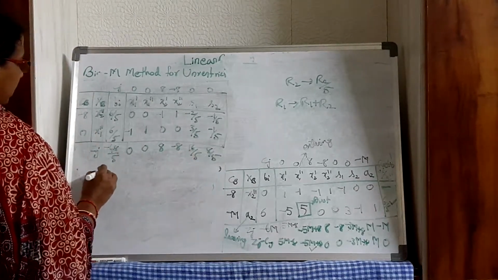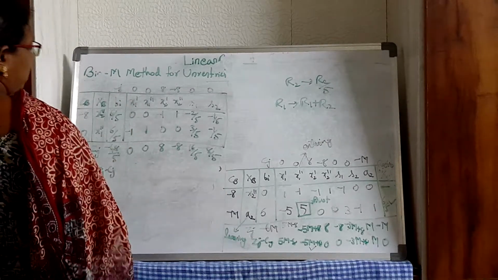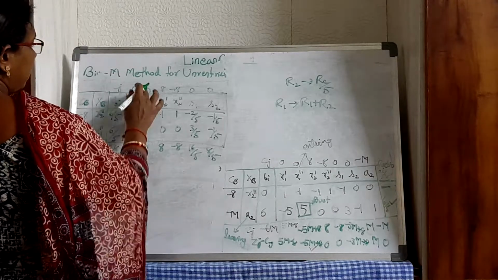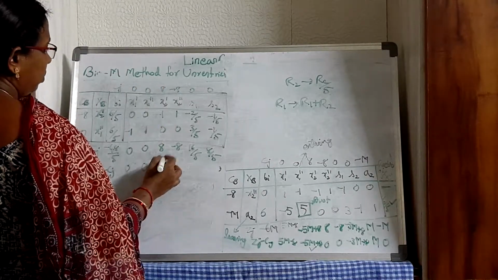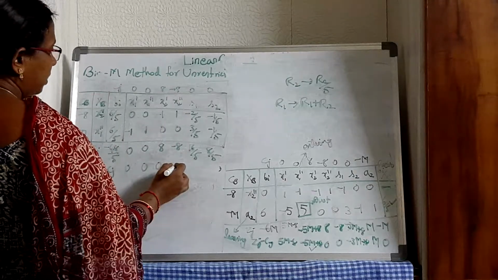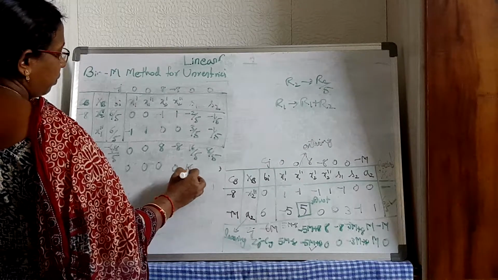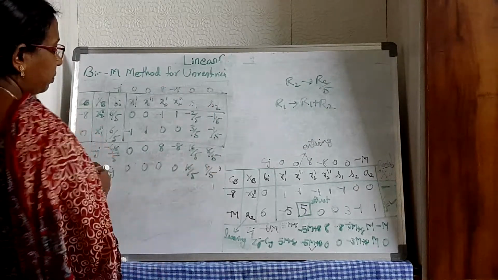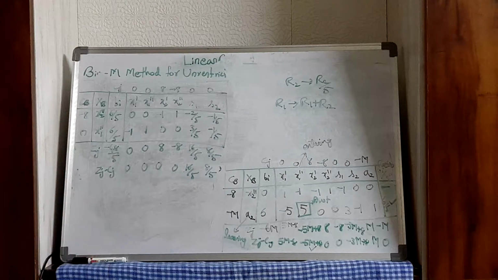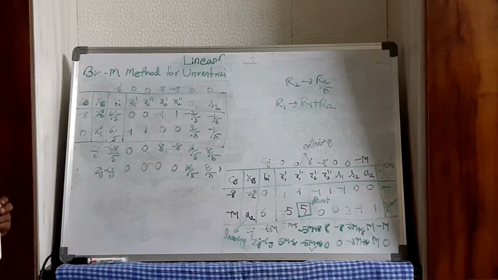Now you find Zj minus Cj. So 0 minus 0 is 0. 0 minus 0 is 0. 8 minus 8 is 0. Minus 8 minus of minus 8 is 0. 16 by 5 minus 0 is 16 by 5. 8 by 5 minus 0 is 8 by 5. So here what we are observing, all Zj minus Cj's are greater than or equal to 0.